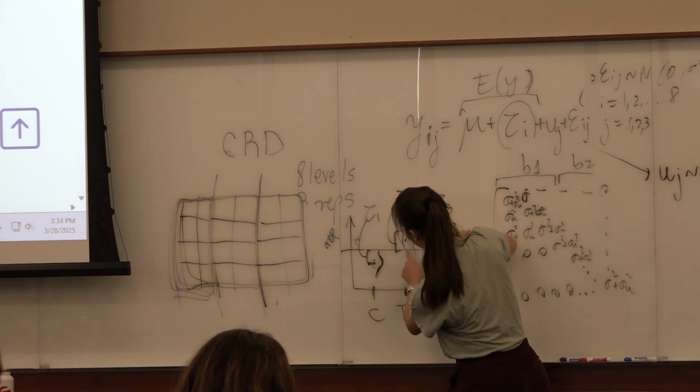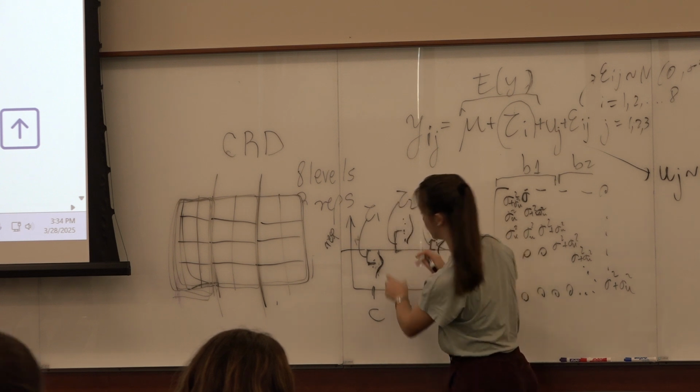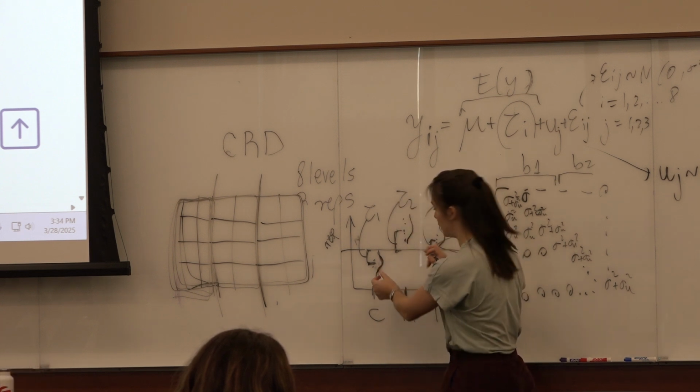It's the same distribution for all, with the same variance, because it's the variance of the blocks.